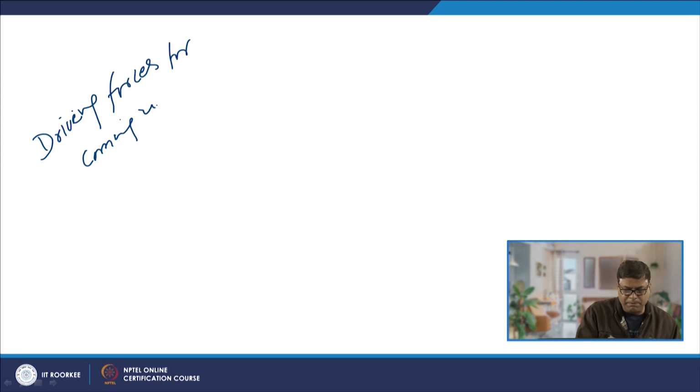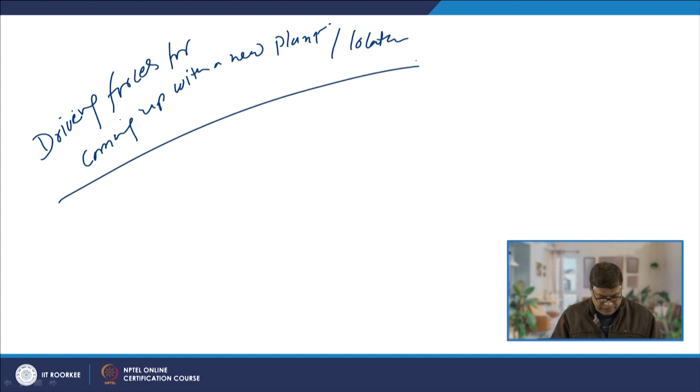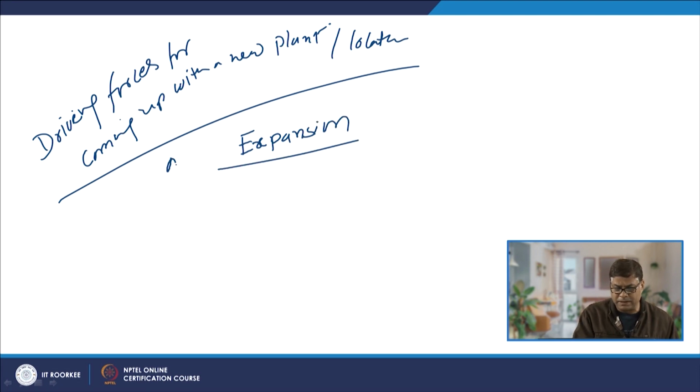So, we can say there are three types of the driving forces for coming up with a new plant, and so accordingly new plant location. These factors include, like, the organization wants to expand. Expansion of the organization is the one kind of the condition.